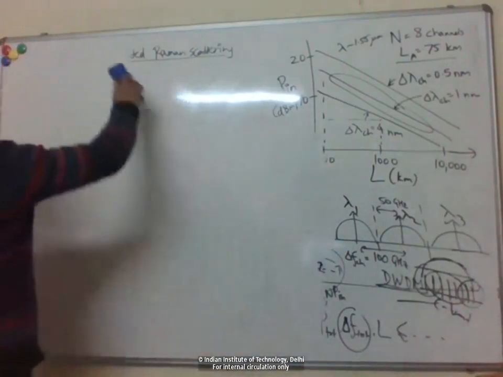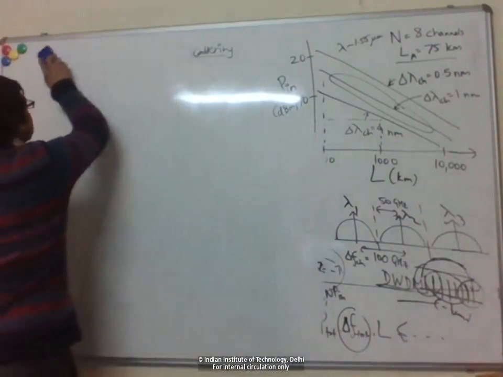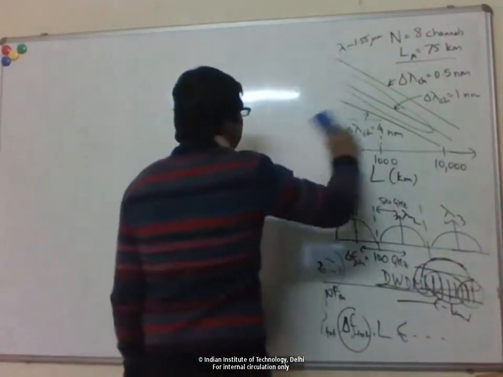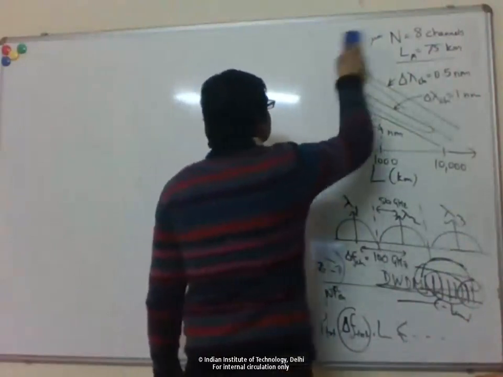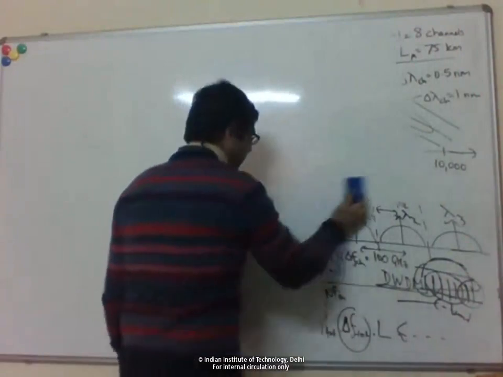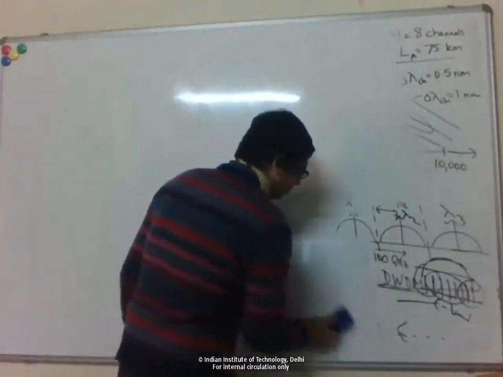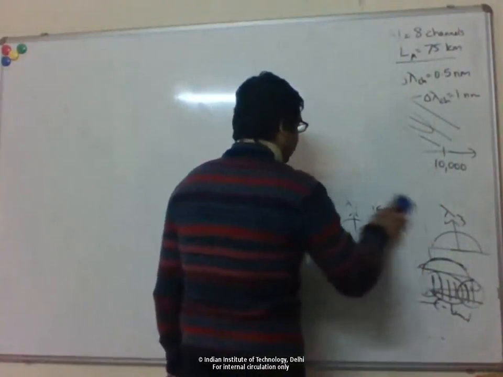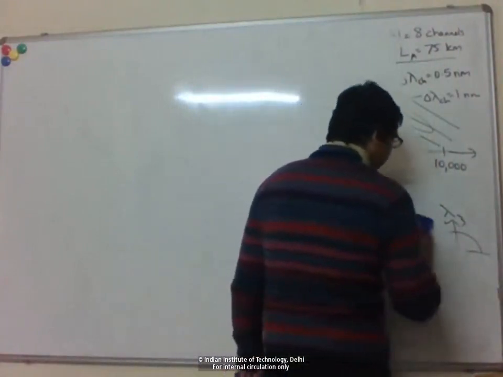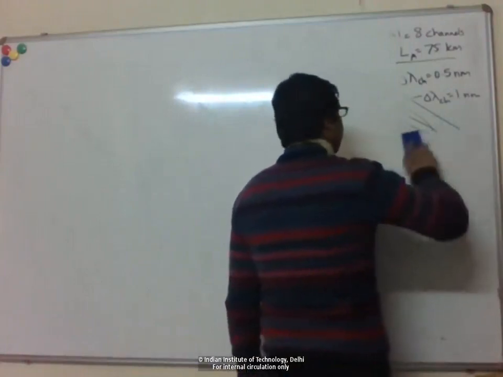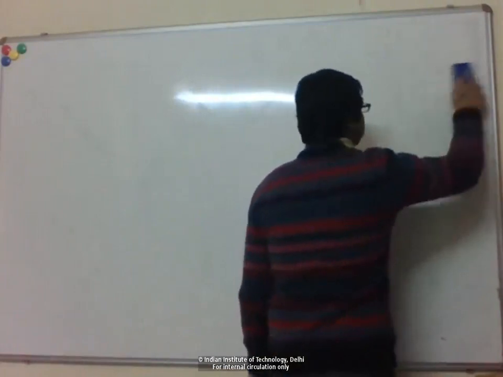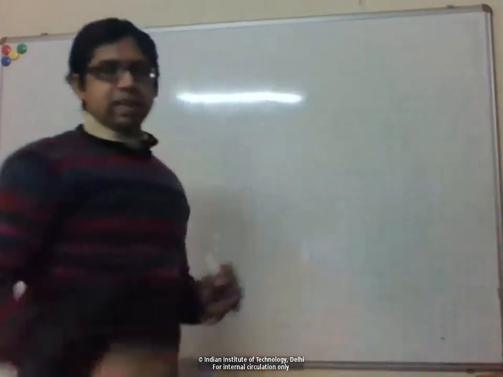So the next nonlinear effect we look at, which happens in optical fibers, is what is known as a parametric effect, where there is no energy exchanged between the light and the medium. Right, the medium just acts as an intermediary, and energy is exchanged between different optical fields, for example, fields at different frequencies.